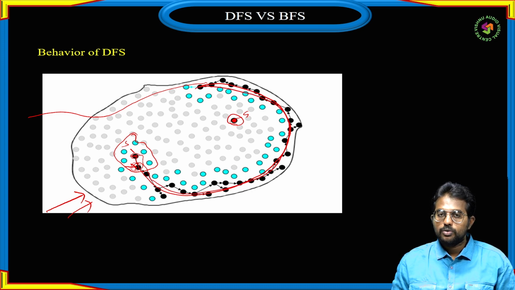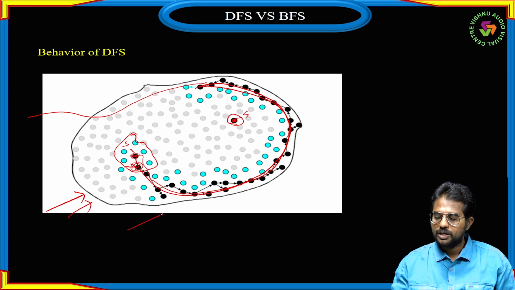By using DFS, only if I go on the right path will I reach the goal node. At any time I can deviate from that path and go into some other path, where there is no chance of reaching the goal node.